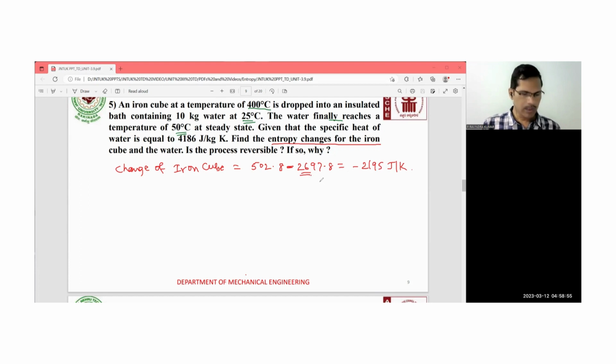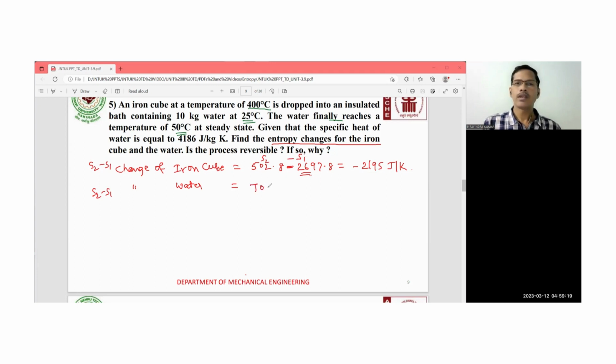Right? So in the same way, the change of entropy for the water. Here also two stages are there. That is the second stage, that is entropy change. You try to observe that S2 minus S1. Here also S2 minus S1. So this is the entropy change of the water.